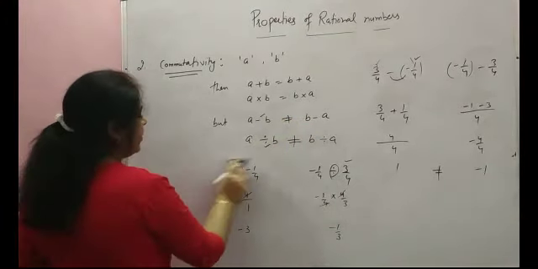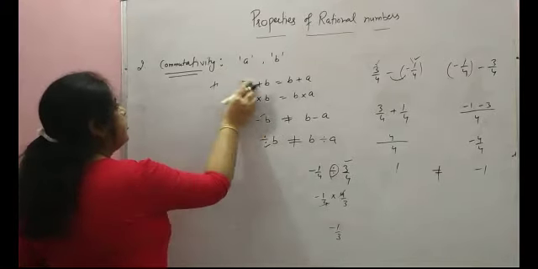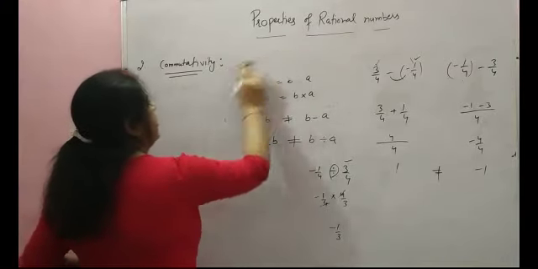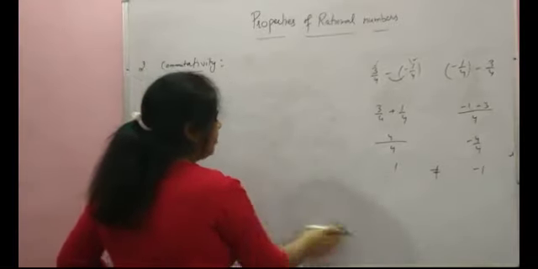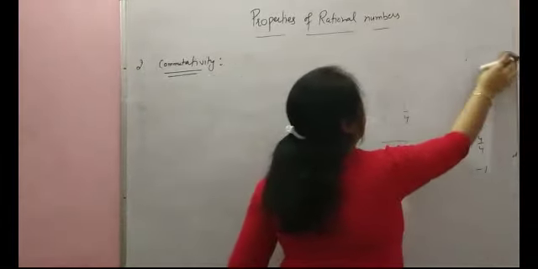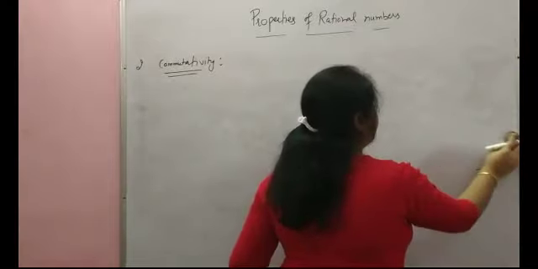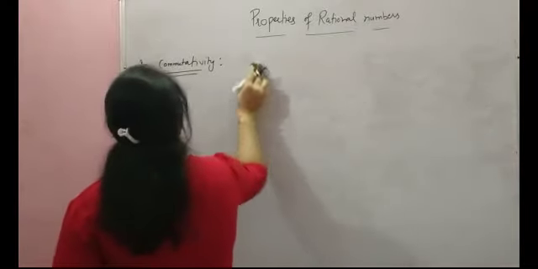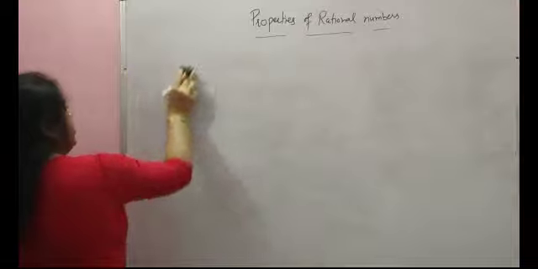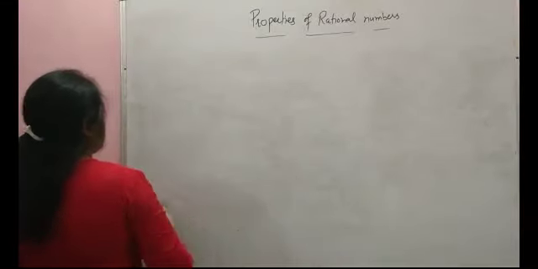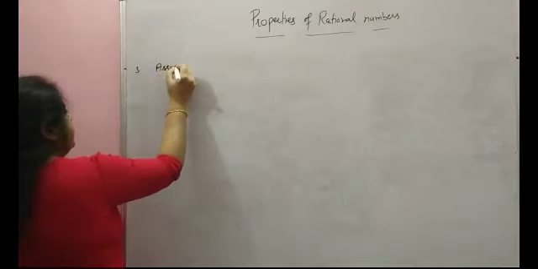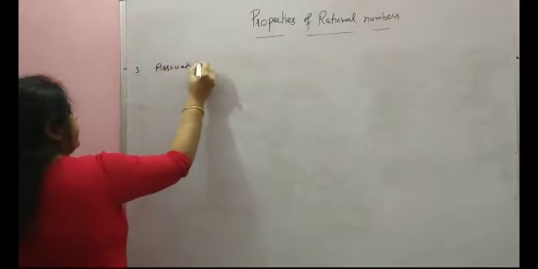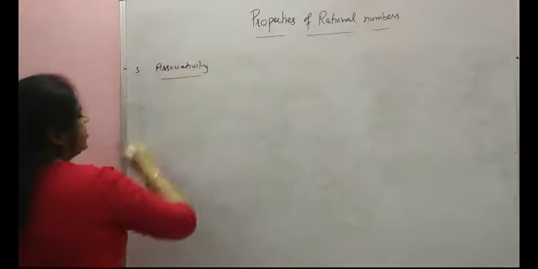Now students, the third property is associativity. We will discuss the third property now. You have done associativity for integers and whole numbers in your previous class. For associativity, this is similar to commutativity.